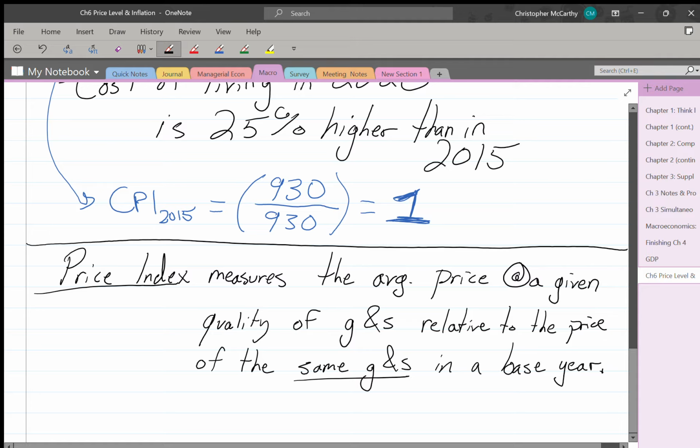So the CPI is measuring the changes in consumer prices.